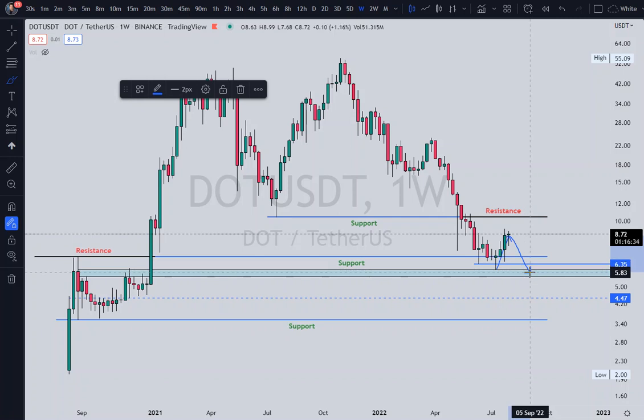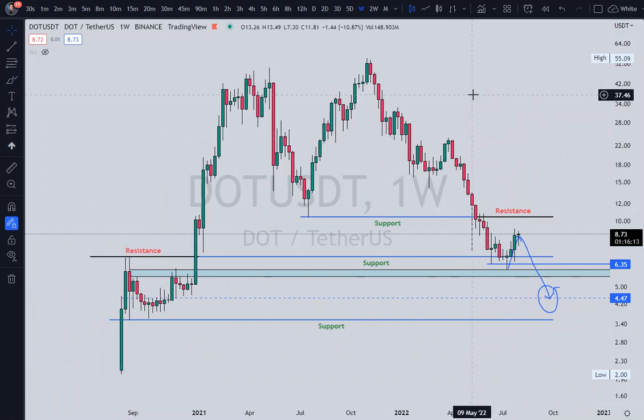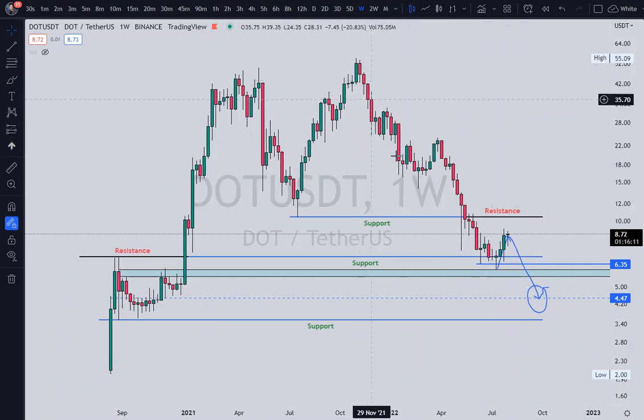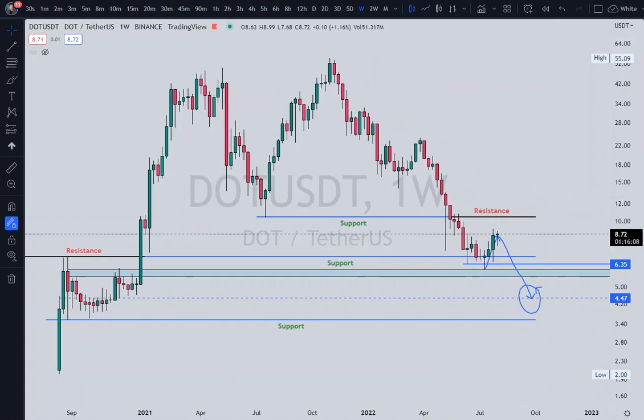But personally, I think it can drop to the $4 area, $4.42. I already put a lot of orders here, and if it gives me this opportunity, it would be awesome for Polkadot.